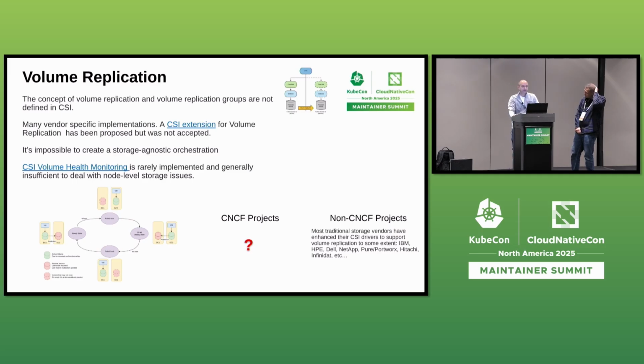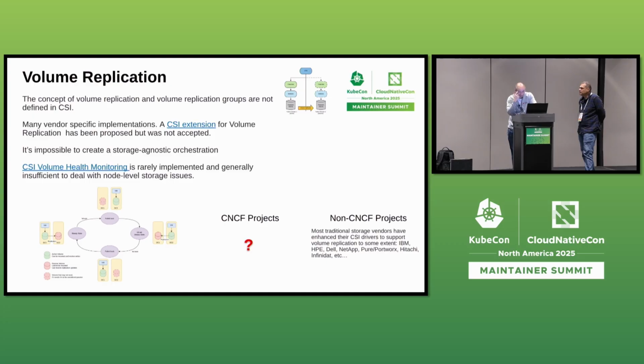So the challenge here is, how do we configure that a volume that is being used by a virtual machine is being replicated from this array here to that array over there? At the moment, there is no CSI specification to do that. CSI would be the right place to have that capability, right? Because it would create a layer of abstraction between the actual vendor implementation and above. But at the moment, there is no CSI implementation.